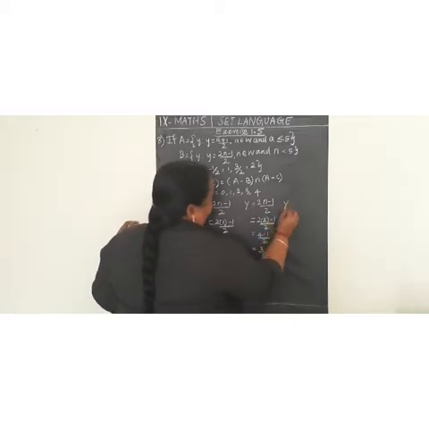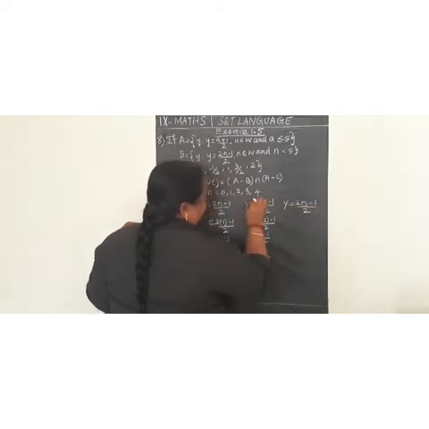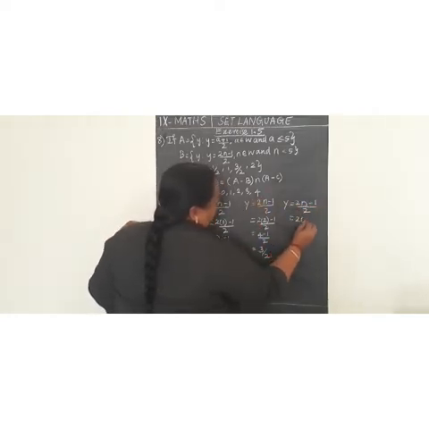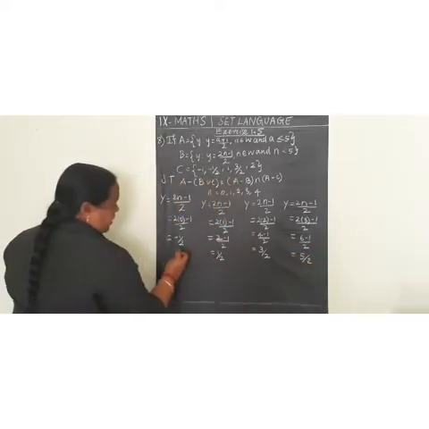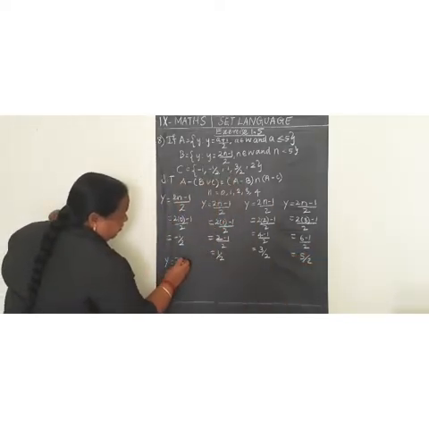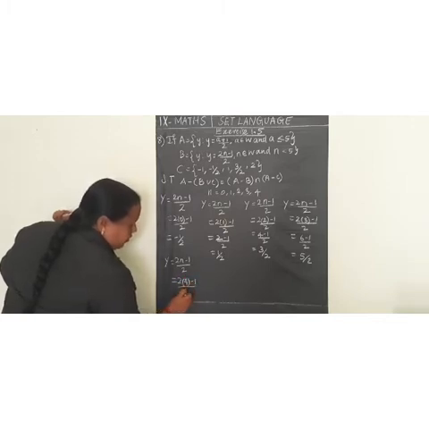Next, substitute the value 3: 2 into 3 minus 1 by 2 is equal to 6 minus 1 by 2 equal to 5 by 2. Next, substitute the value 4: 4 twos are 8, 8 minus 1 by 2 equal to 7 by 2.